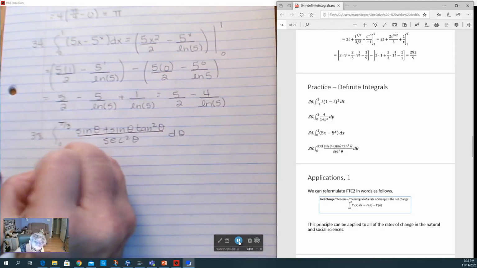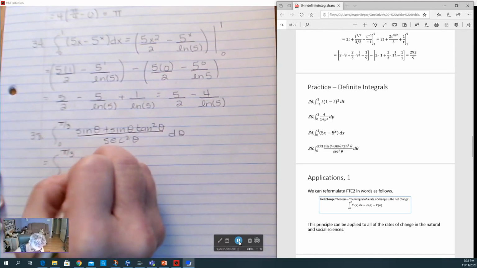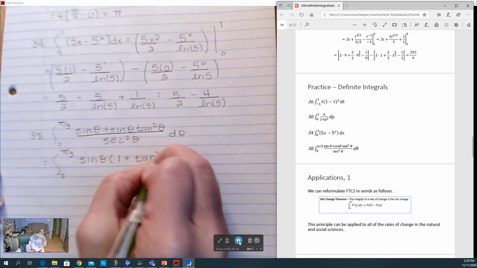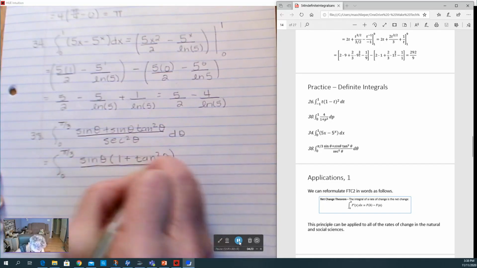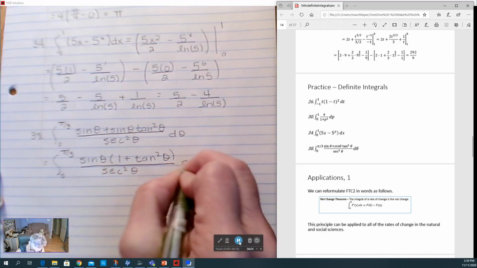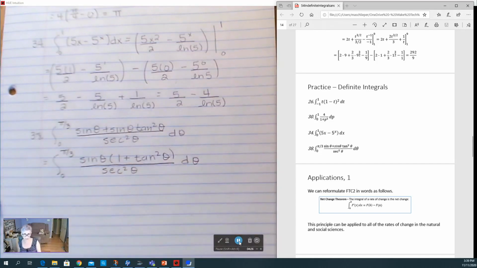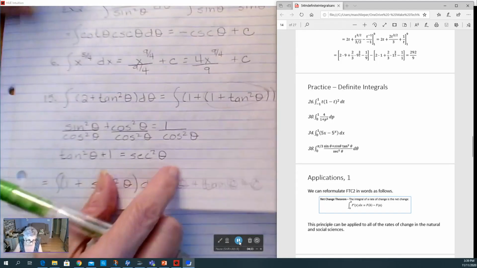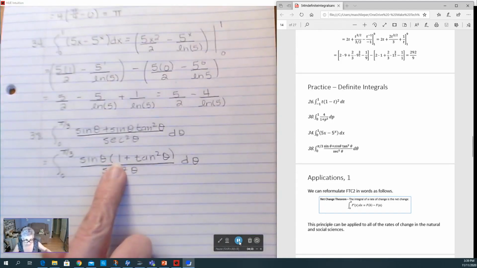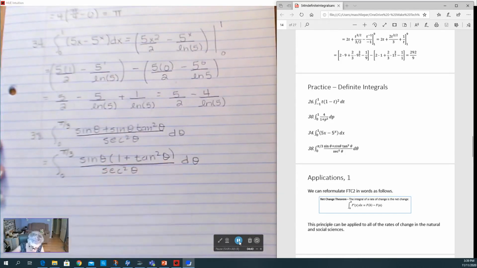I can factor out a sine: 1 plus tangent squared of theta, all of that over secant squared of theta. And now Pythagorean identities are fresh in my mind. I have it written down right over here. Tangent squared plus 1 is secant squared. 1 plus tangent squared is the same as tangent squared plus 1.